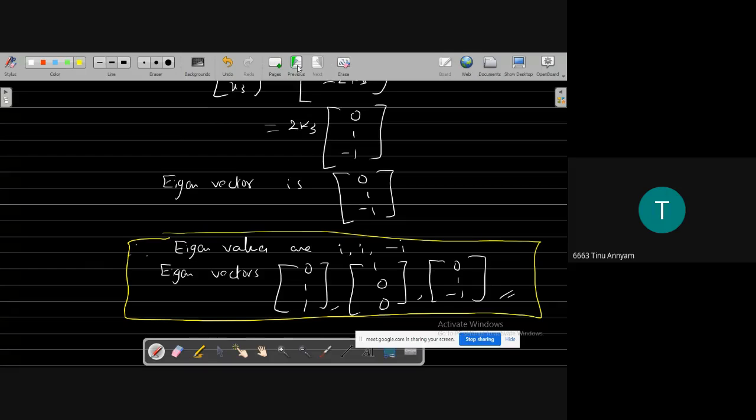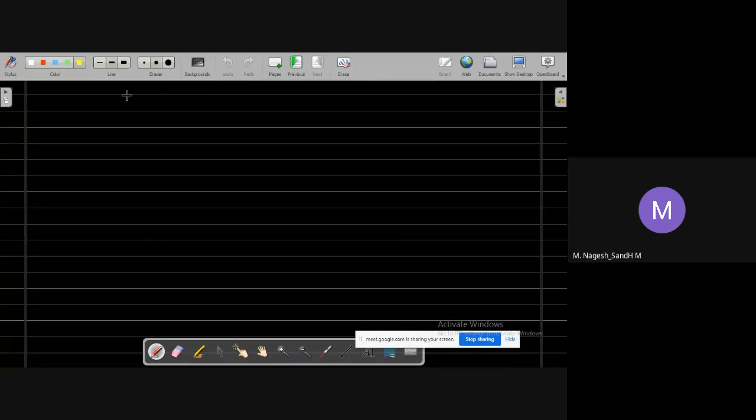So practice the same problem as homework, as well as the 2x2 ones they gave. One more homework: the same matrix A, with rows i 0 0, 0 0 i, 0 i 0.